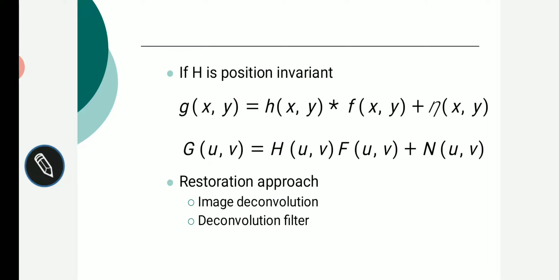Now taking this into the frequency domain, G(u,v) = H(u,v) F(u,v) + N(u,v), where convolution becomes multiplication. So for restoration here we can first deconvolve, whatever the convolution is, deconvolve, also filter.